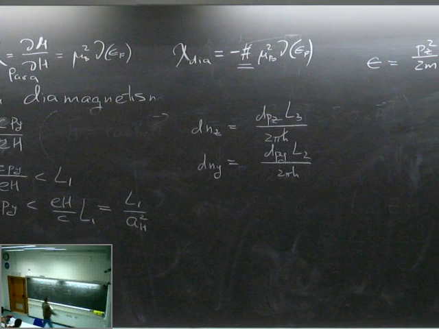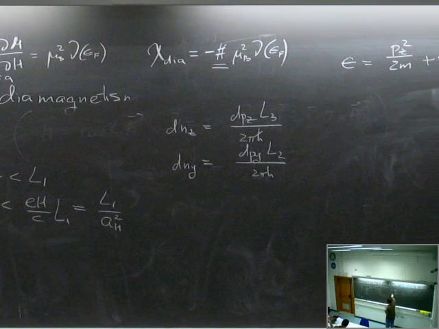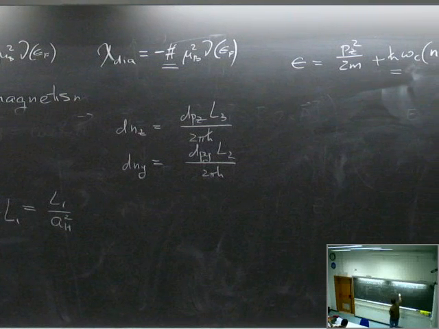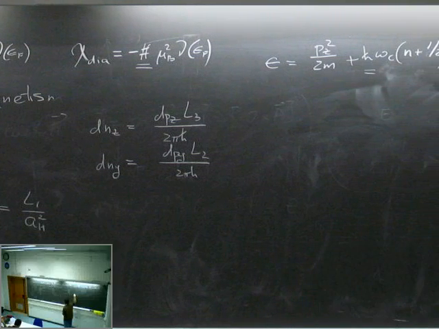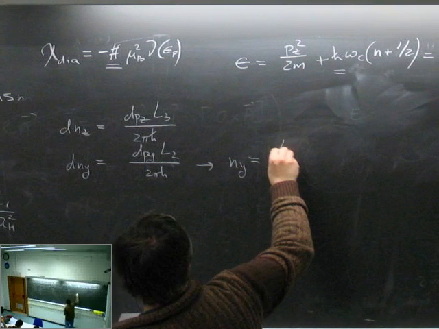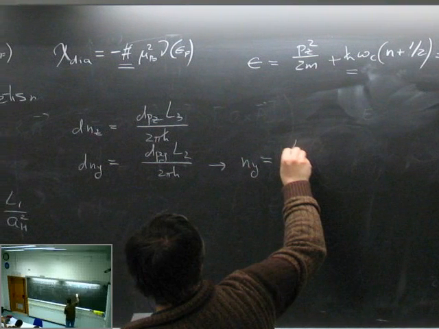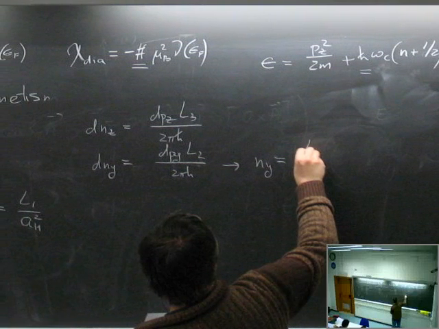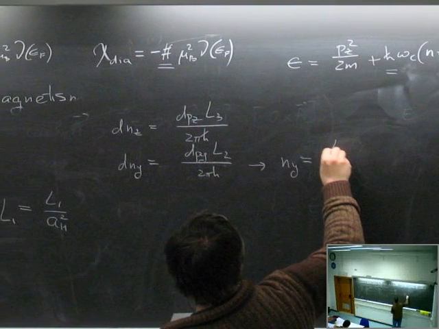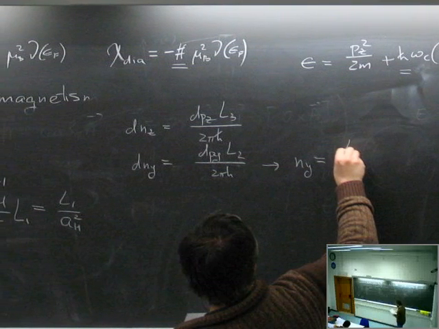So if I integrate from 0 to the maximum value of Py, I will get that Ny is equal to L1 L2 over 2 pi h aH squared.